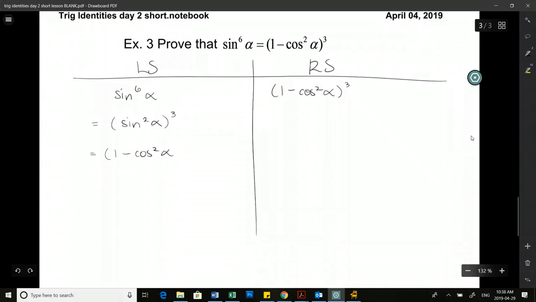Great. So this is a rearranged Pythagorean identity here. So sine squared we know is equal to 1 minus cos squared. So I'm just using that. I could have also worked on this side and I could have made this sine squared, and then I could do squared cubed, which gives us sine to the 6. So again, a couple different ways to get to the same place.